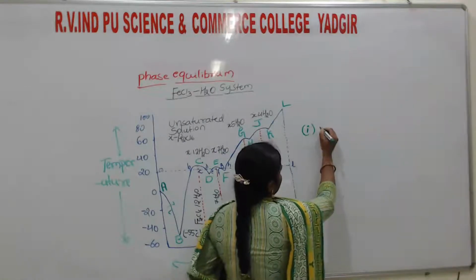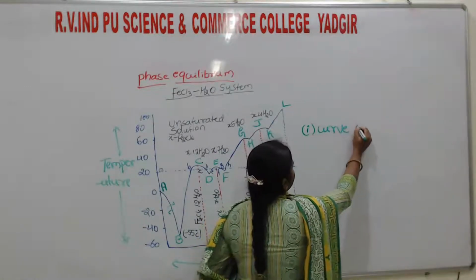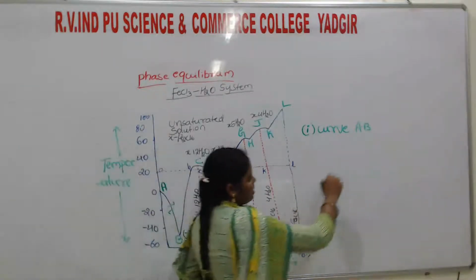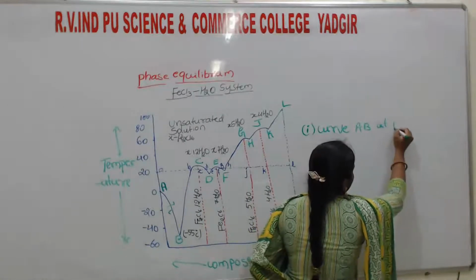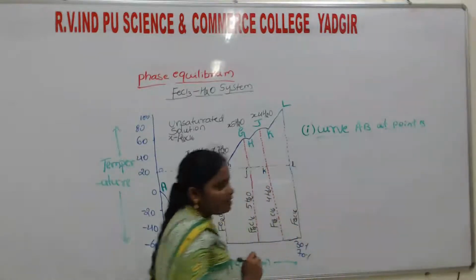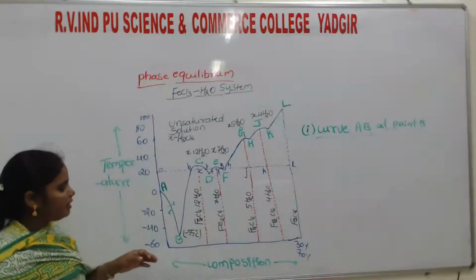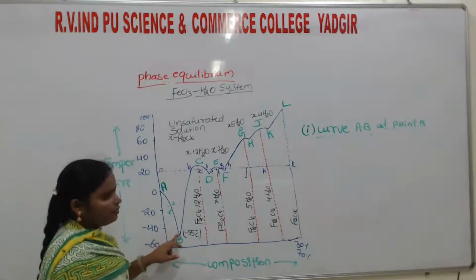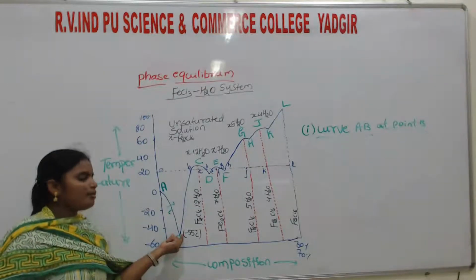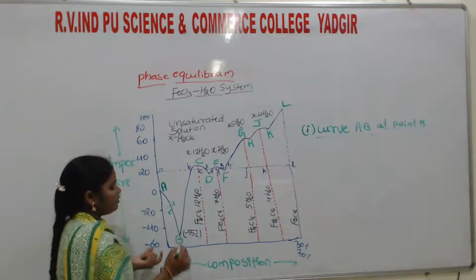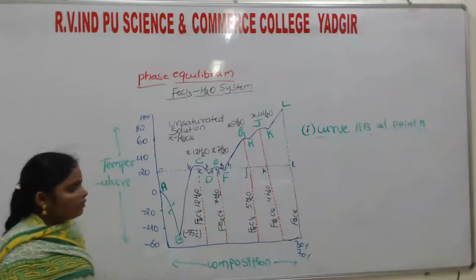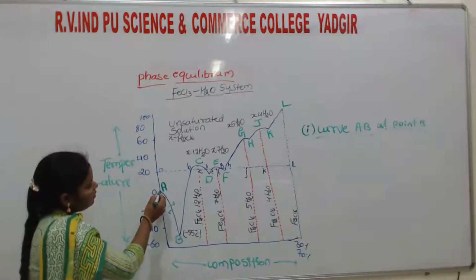The first point, curve AB at point B. Here the point B is a eutectic point, or eutectic temperature, and here the eutectic composition. This is a eutectic point. In a two component system we use the eutectic point.